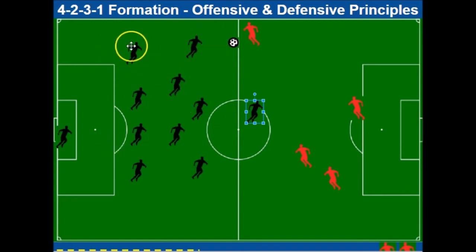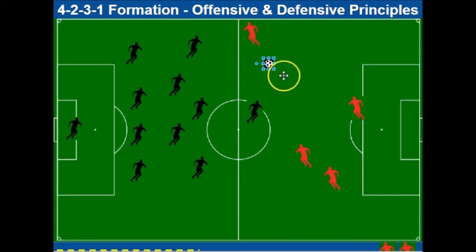And what we're looking for in this block is a block that is compact from the back line to the front line. It should be very compact, because we want to restrict the space they have to play in. And by having that offside line there, we know that they can't play in behind. So we can squeeze their space by really the leadership of the center backs and also the fullbacks and the goalkeeper by moving up the field.